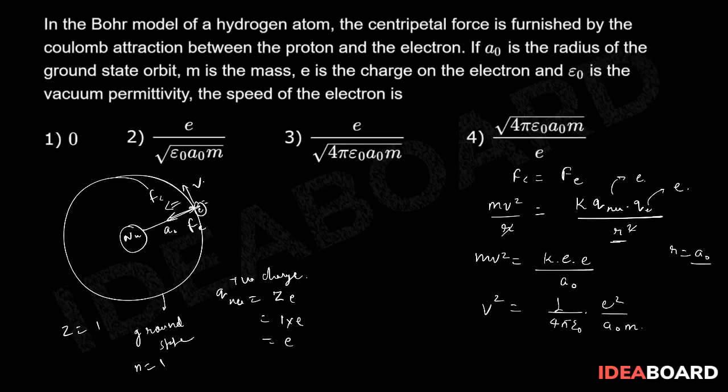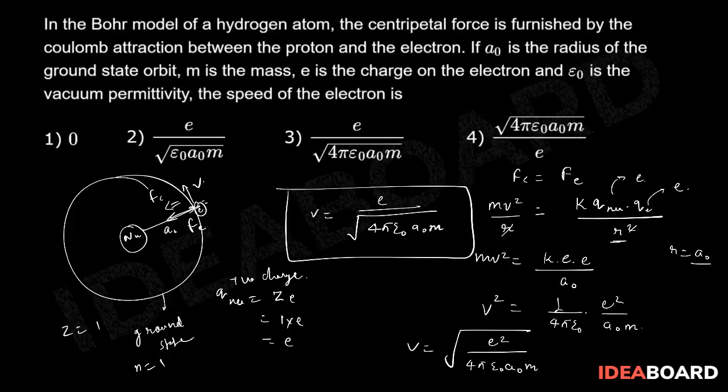Now we can find out the value of v is equal to under root of e square divided by 4 pi epsilon naught into A0 into m, which can be written as e divided by under root of 4 pi epsilon naught into A0 into m. So this is going to be the velocity in ground state.